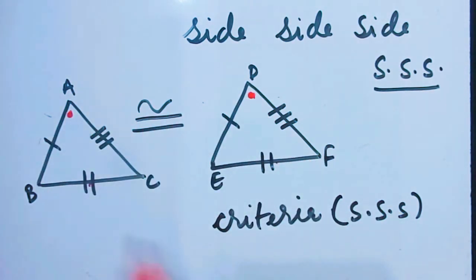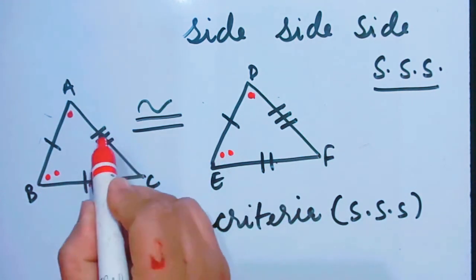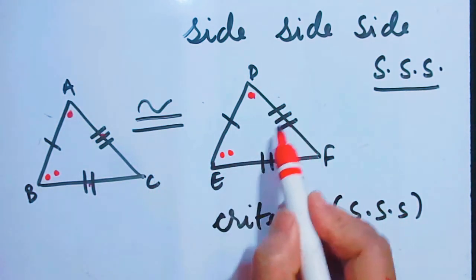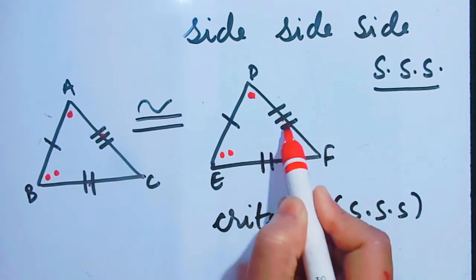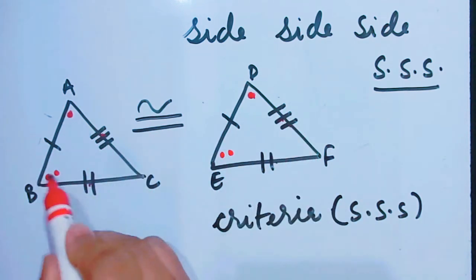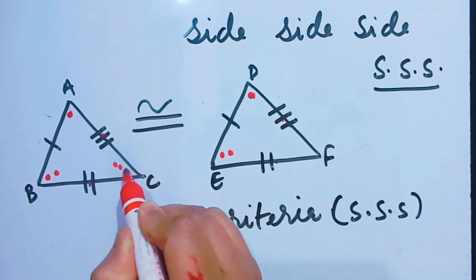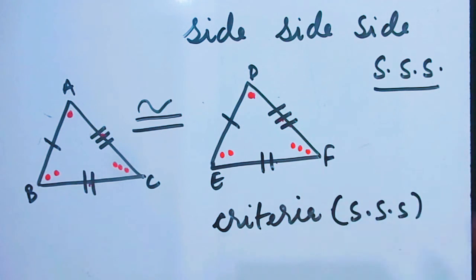See, double tick, 3 ticks. Similarly, this angle opposite to this 3 tick is also known as the corresponding angle. They will be equal, isn't it?